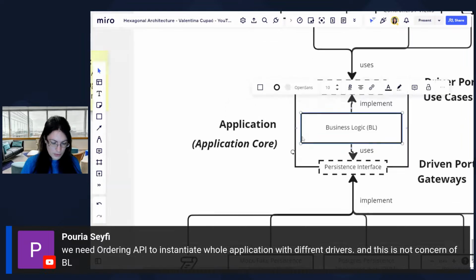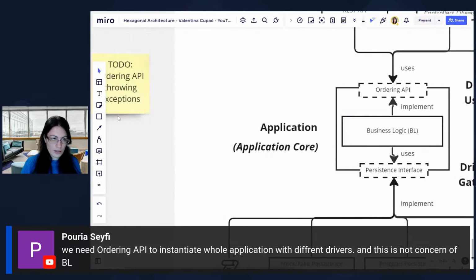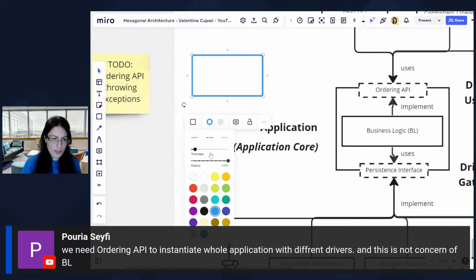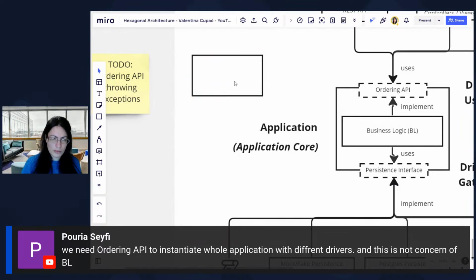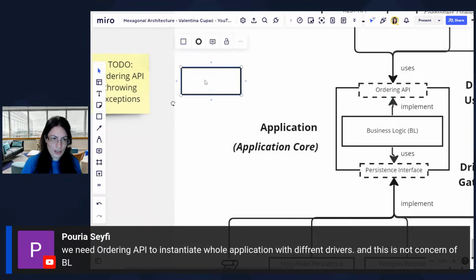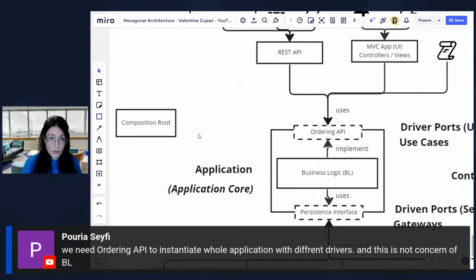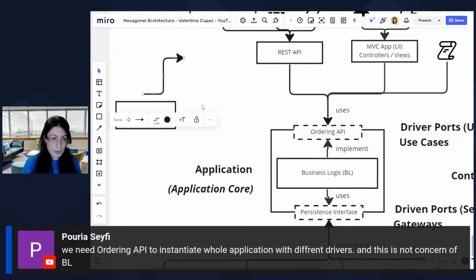Indeed, we have a completely another separate thing. It's called the composition route. Now, this is not even part of the hexagonal architecture diagram, but anyway, it exists. So the composition route is aware of the application core and of all the adapters.